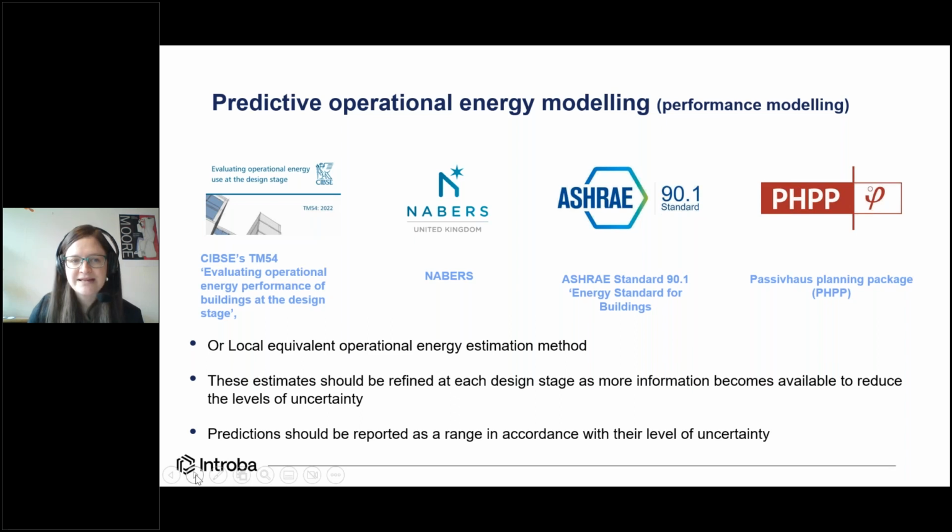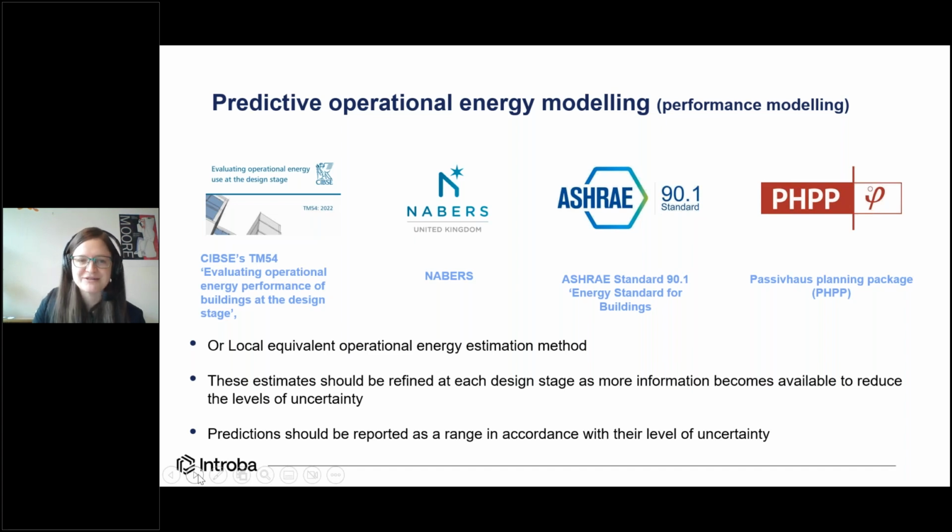We need to use predictive operational energy modelling, sometimes called performance modelling in our industry, in order to estimate the actual energy consumption of buildings. There are various methods of doing this: CIBSE's TM54, NABERS, and if you're in America, ASHRAE 90.1, and PHPP, the Passive House Planning Package, which estimates operational energy, falling under TM54 as well.